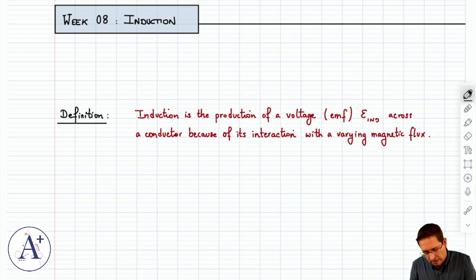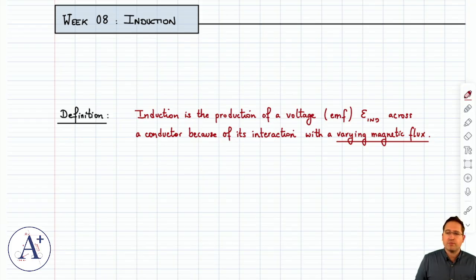And the key is that it's not just magnetic flux, it is a varying magnetic flux. So in order for there to be induction, there has to be a change, specifically a change in the magnetic flux. But the short of it is that if you move a wire through a magnetic field, then you will find that you create a current in that wire, which is induction, and it comes from the voltage, the EMF that has been produced across the wire.